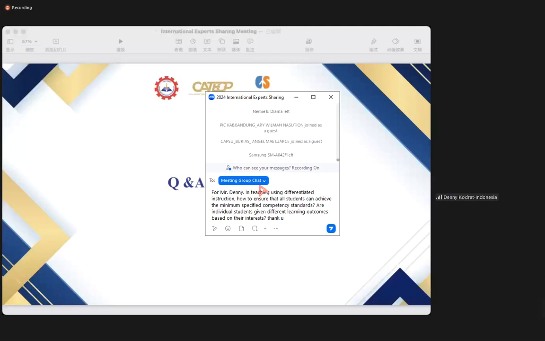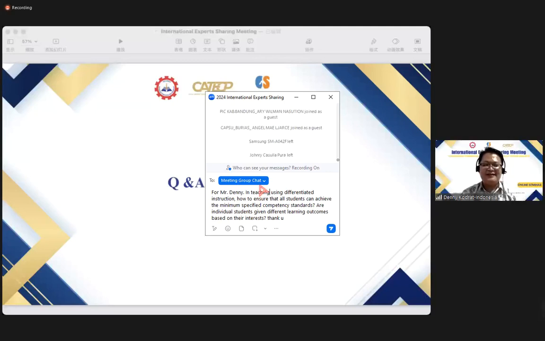The point here is how the teacher can manage their energy, because handling many students with many different instructions, with different student ratings, will spend much energy. So the teacher should manage their energy when they enter the classroom.